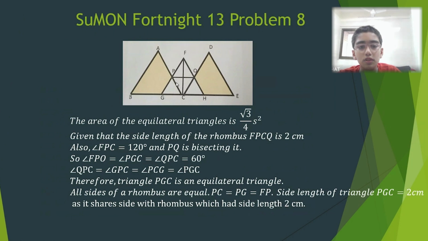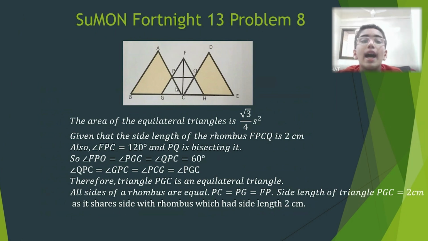Now, once we know that QPC is 60 degrees, using alternate interior angles, we can figure out that angle PCG is also 60 degrees. And using the linear pair, we can find out that angle GTC is also 60 degrees.